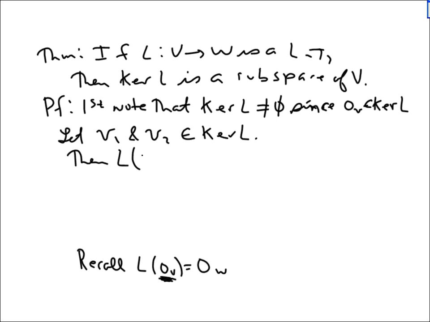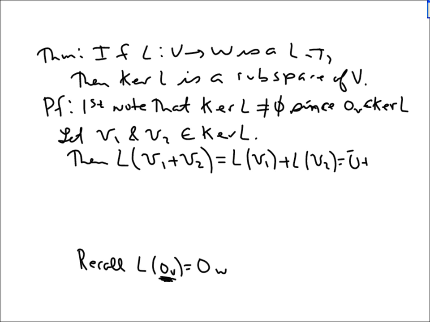I want to show that their sum is in the kernel. By the very definition of linear transformation, L of V1 plus V2 is L of V1 plus L of V2. But L of V1 is a 0 vector in W, plus L of V2 is a 0 vector in W. When you add the 0 vectors in W, voila, you get the 0 vector in W.